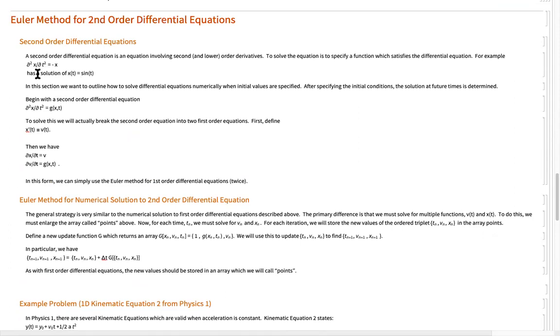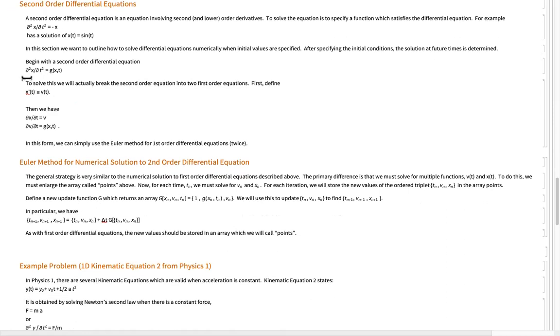Here's a differential equation given here, or more generally, let's just go to the general case, that I have the second derivative with respect to time is some general function g. And we're going to come up with an intermediate quantity. Well, in this case, it actually has a physical interpretation.